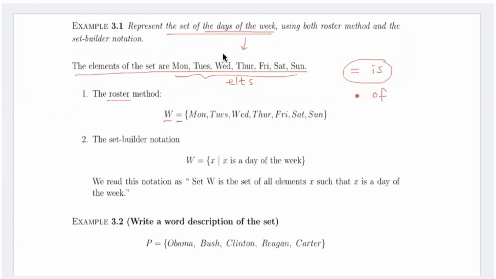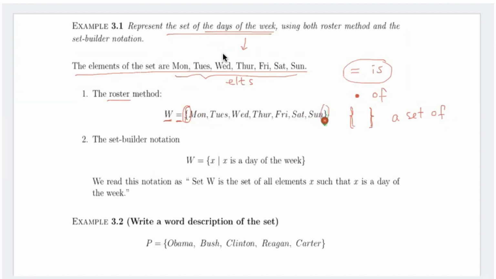W is, the notation, open braces, close braces. So we start the set, we end the set. That's how we read it, a set of. W is a set of Monday, Tuesday, Wednesday, Thursday, Friday, Saturday, Sunday, close braces.